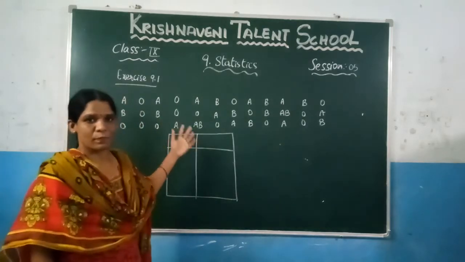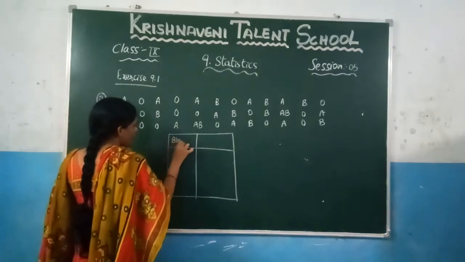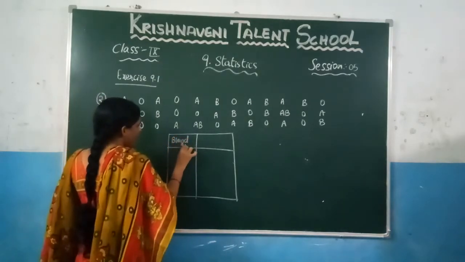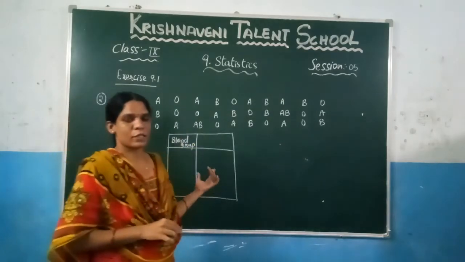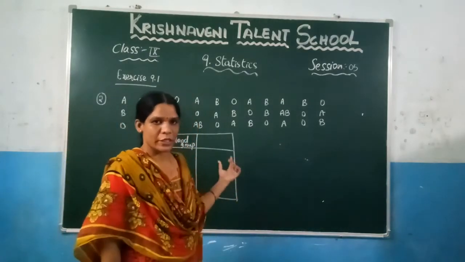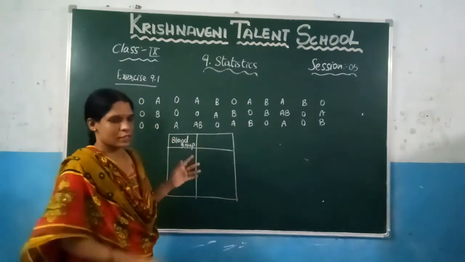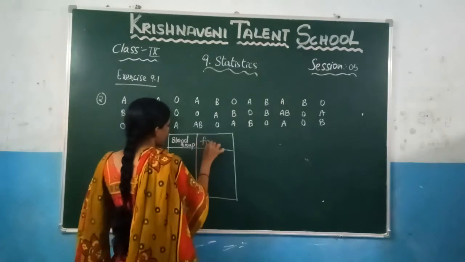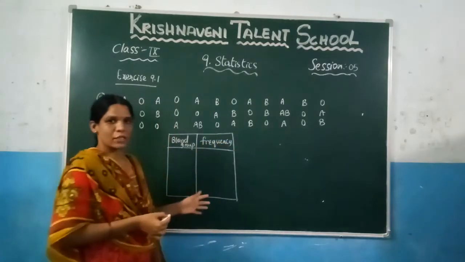It is nothing but the blood group, right? So the first column will be the blood group. And how many students have that blood group, you need to write in the second column. That will become the frequency. So write this as the frequency, or you can write it as the number of students. Anything you can write.